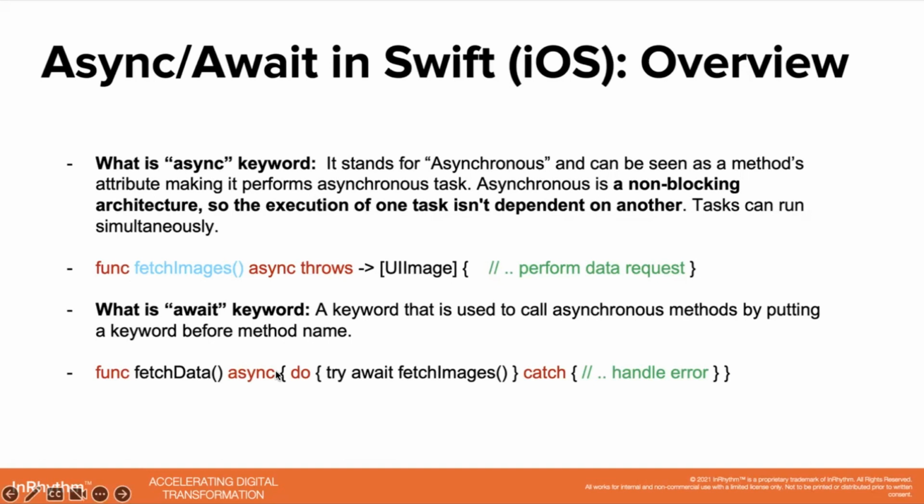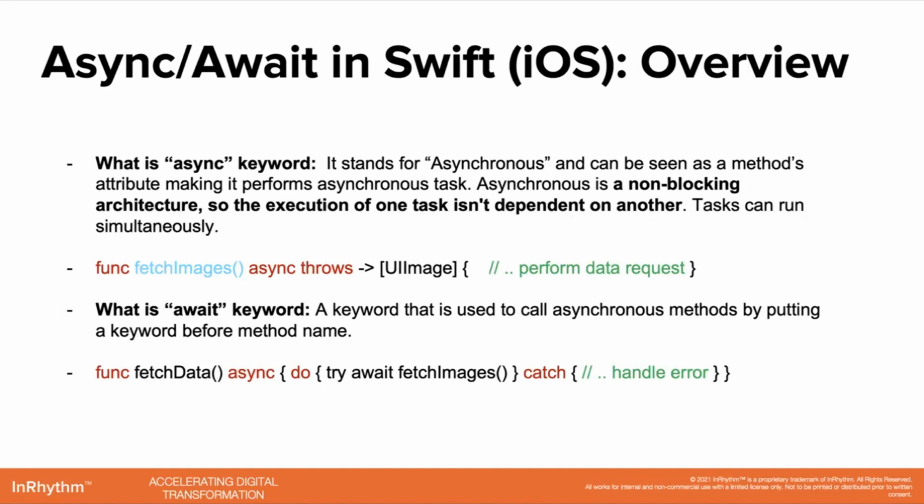Since this is a more Swift-oriented and iOS-oriented talk, I will be covering async await, or asynchronous task architecture, focusing on iOS and the Swift language. It is very easy to use the keywords with functions. Normally, whenever we perform a task in any programming language, we do that in the form of functions or methods.